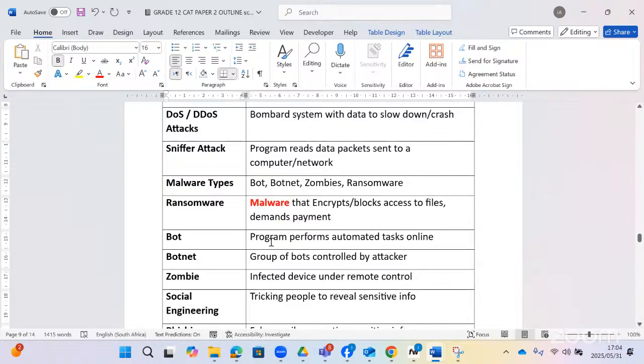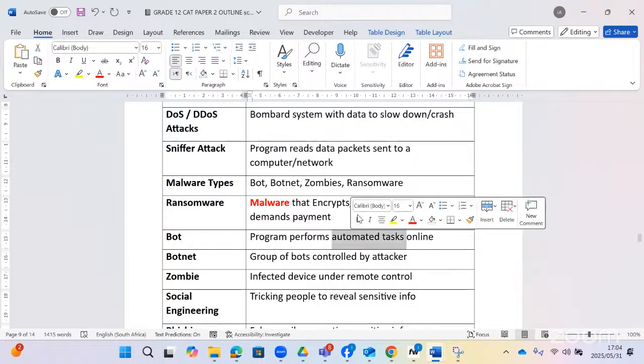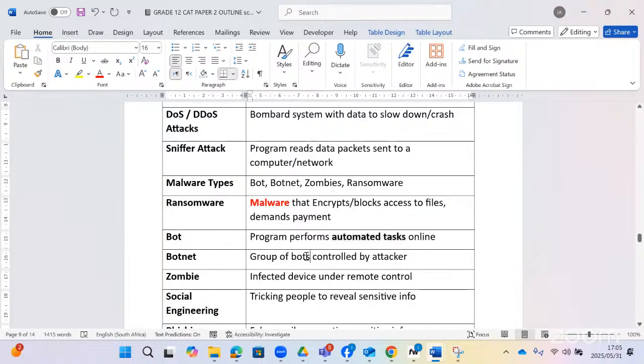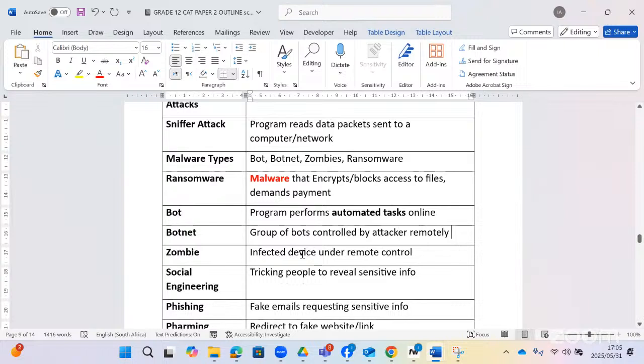Then the bot is a program that performs automated tasks online. And then the botnet is a group of bots controlled by attackers remotely. So the difference between bot, botnet and zombie is that the zombie is one device. So an infected device, in other words, just one device.